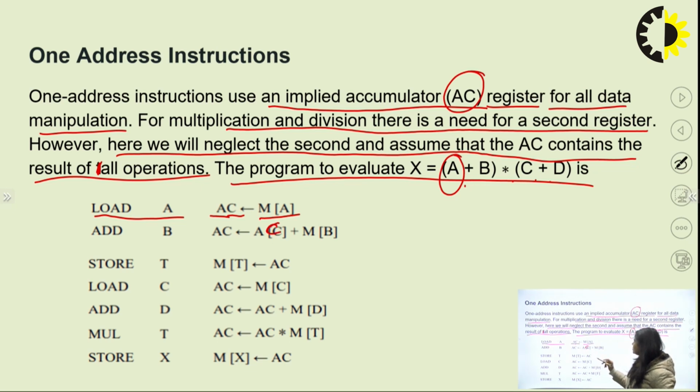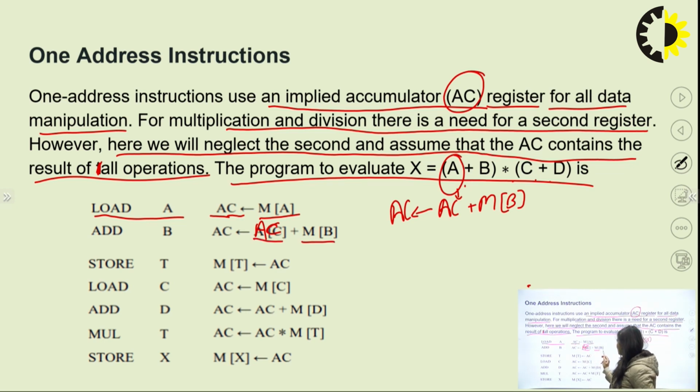We are going to add the content in AC with memory location B, and we will put the resultant content into AC. It means add AC with M[B] and put the content into AC, which is ADD B. In short, we can write it as ADD B.